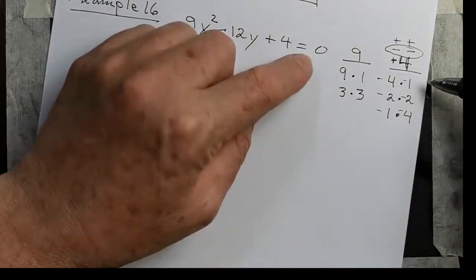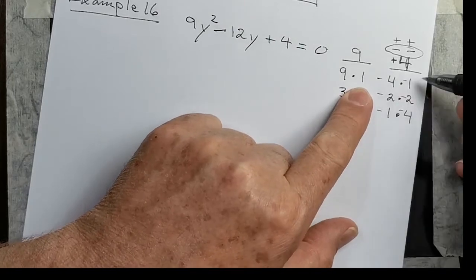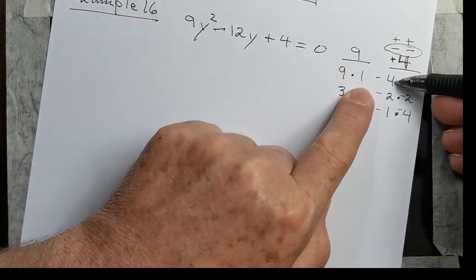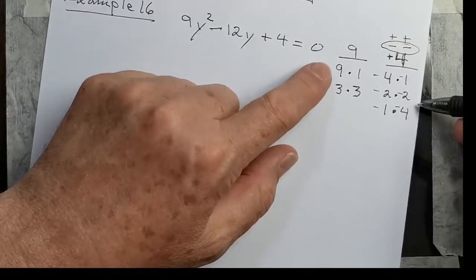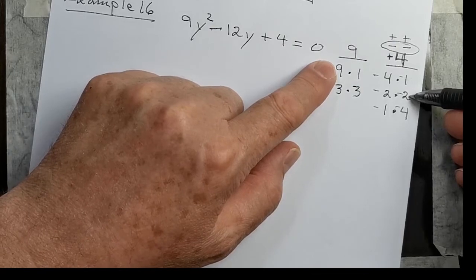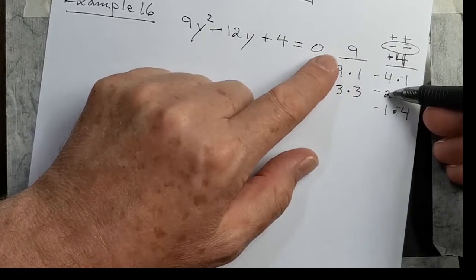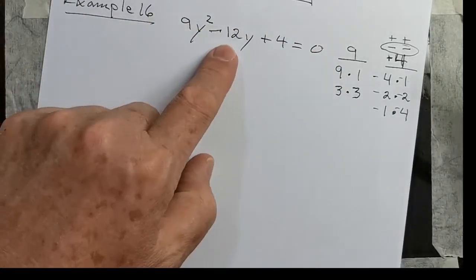Okay, so it's going to be negative 9 plus negative 4 would be negative 13. Again, 9 times 1 is 9, 4 times 1 is 4, 9 and 4 is 13. That doesn't work. How about this one? 9 and 2, 9 times 2 is 18, and 2 is 20. That's worse. And then this is 9 times 4 is 36. That even gets bigger, gets farther away from 12.